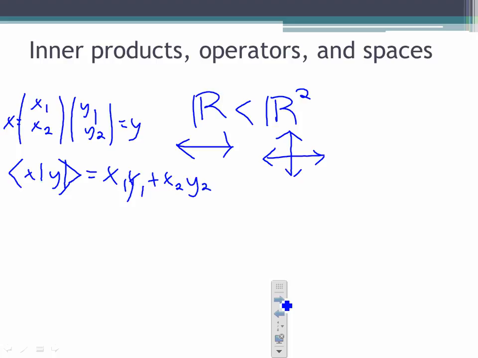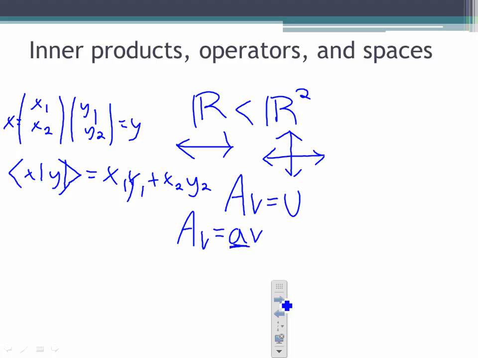We can define an operator as a matrix which we multiply by other vectors to get different vectors. So where v and u are two different vectors, A is an operator. If we multiplied A by v and we got v multiplied by some constant, lowercase a, then we say that v is an eigenvector and a is an eigenvalue.